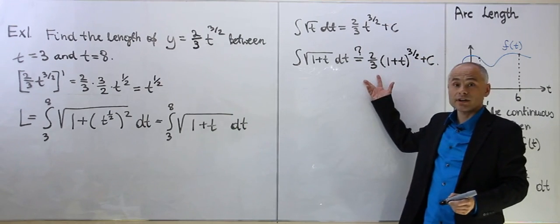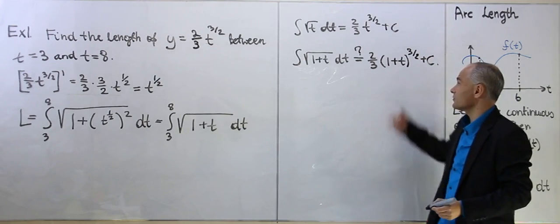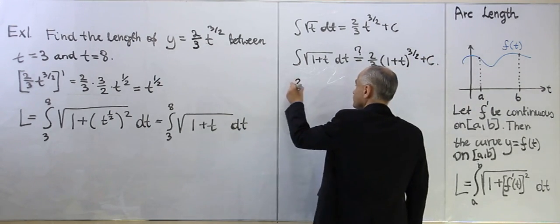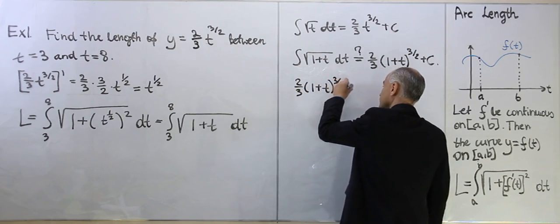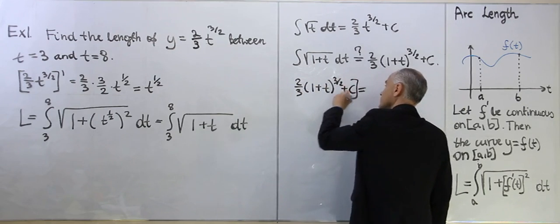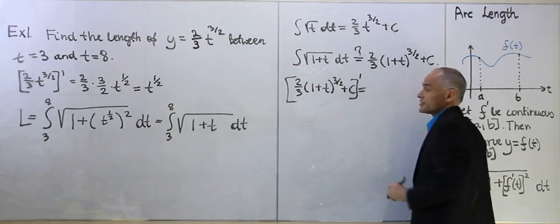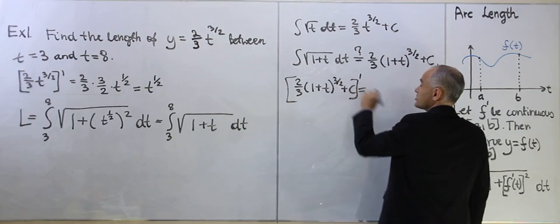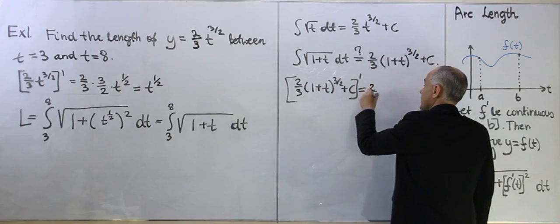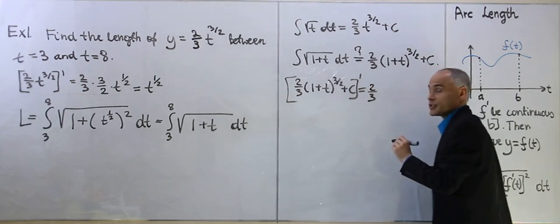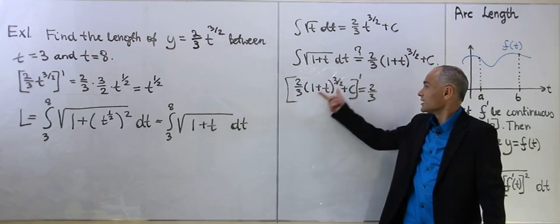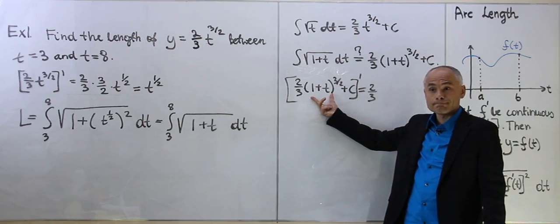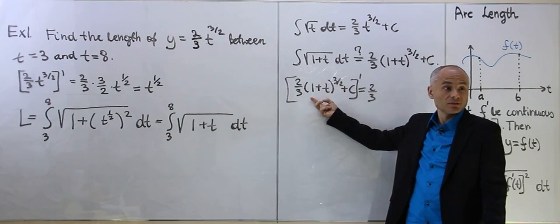To check if our guess is correct, we need to differentiate the right-hand side. C is a constant, so of course the derivative of this part will be 0. I can factor out the constant 2/3, and then take the derivative of this function. How do you differentiate such a function? The chain rule. Why the chain rule?